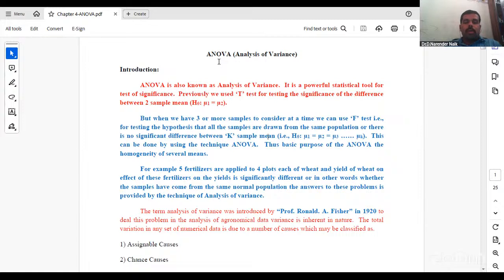All these fertilizers are generally used in agriculture, and wheat belongs to the agriculture family only. So for homogeneity of several means, all the samples should belong to one family.